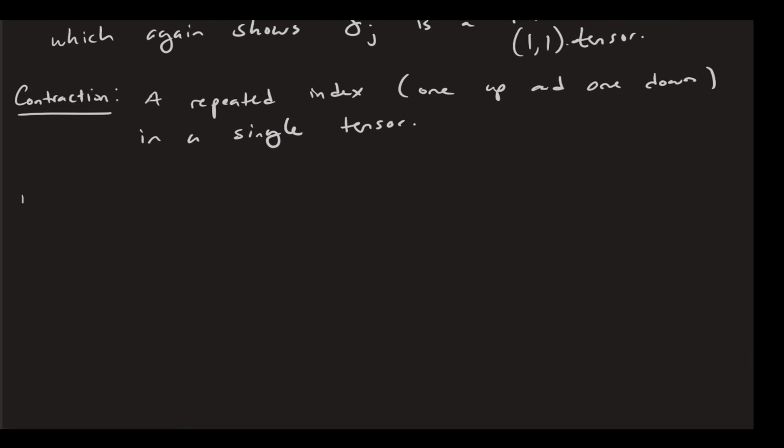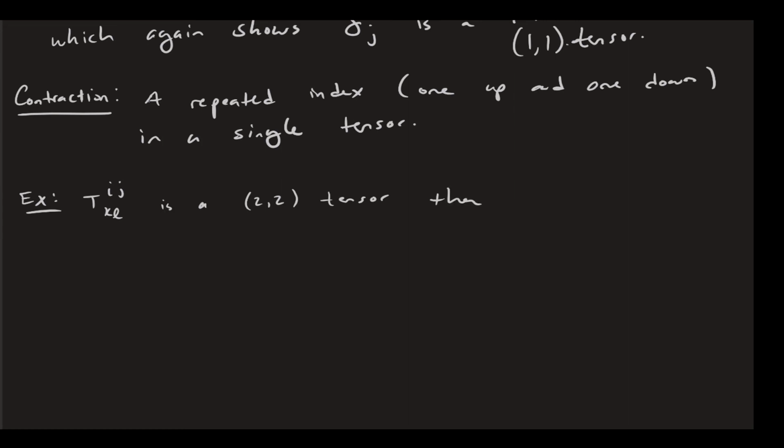For example, let's say that we have T^ij_kl is a 2-2 tensor.